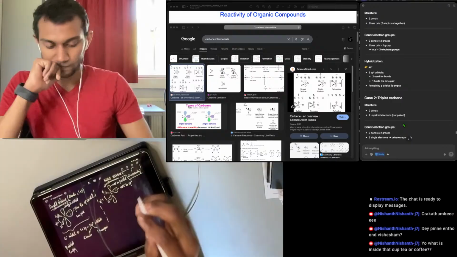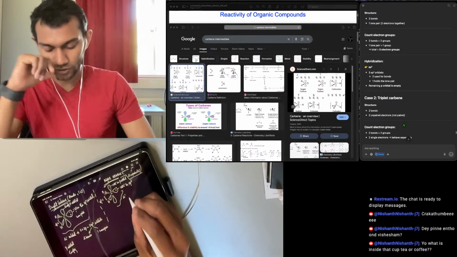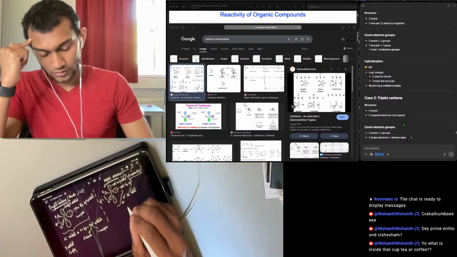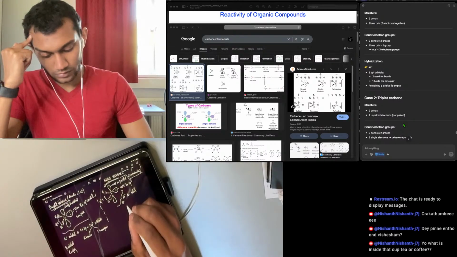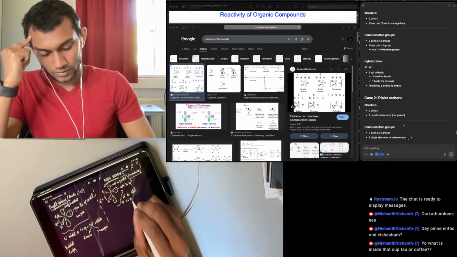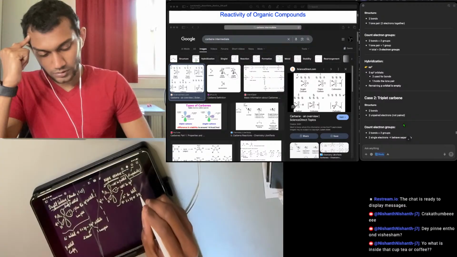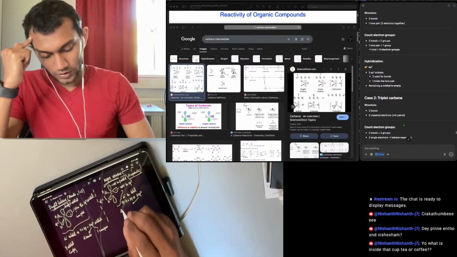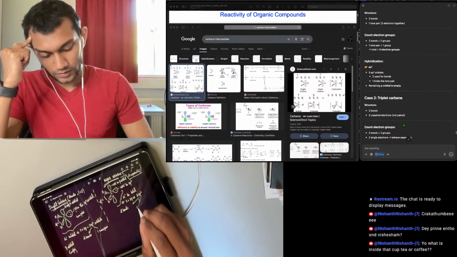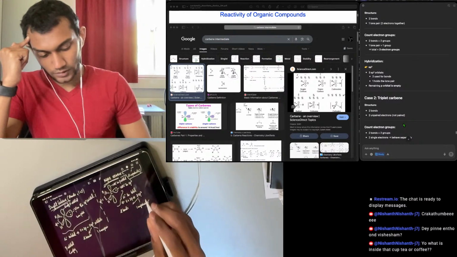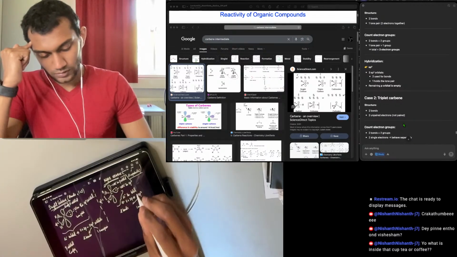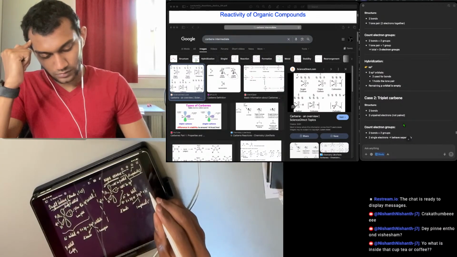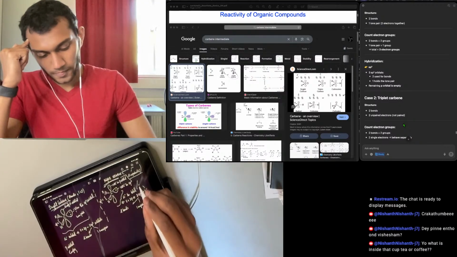Okay. 6 electrons in total with two p, 3 sp2, 2 bonds, 1 unpaired electron in the p orbital.